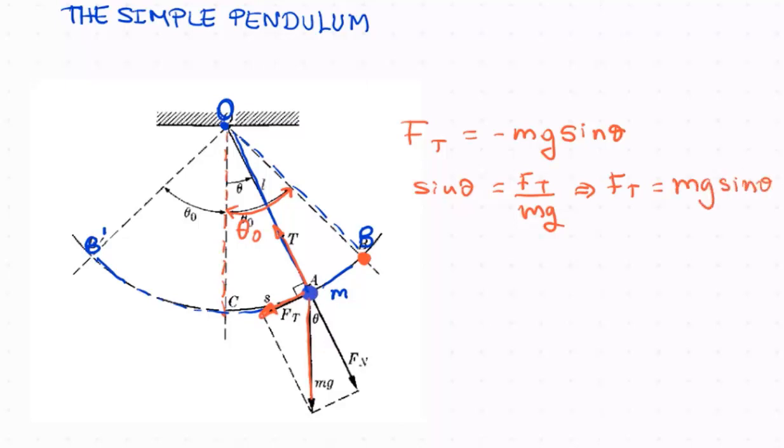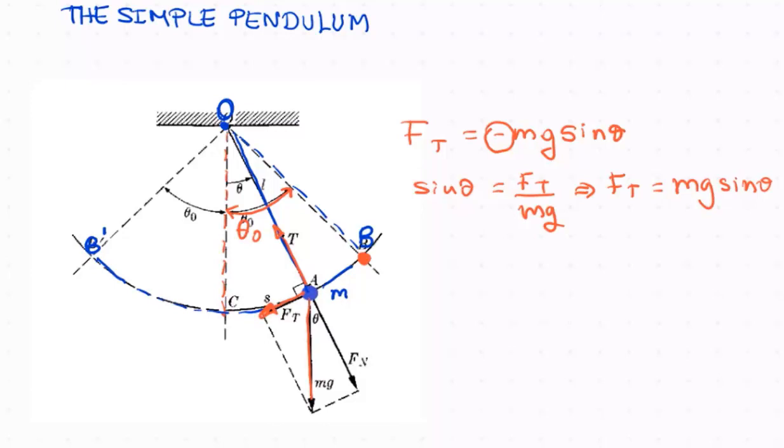Well, where is this minus sign coming from? The minus sign is because the force is opposed to the displacement. Whenever the particle is moving to the left, the tangential force is going to act to the right. And whenever the mass is moving to the right, the tangential force is going to act to the left.